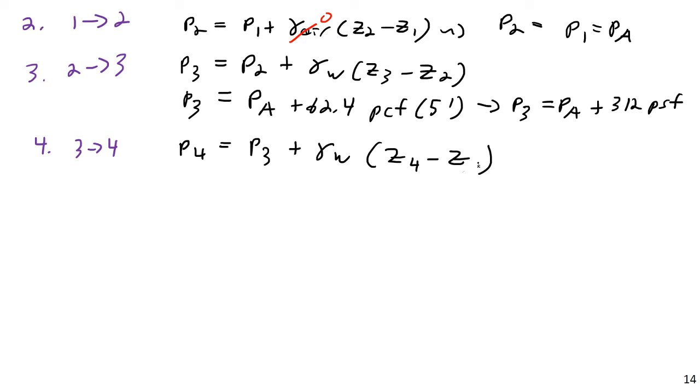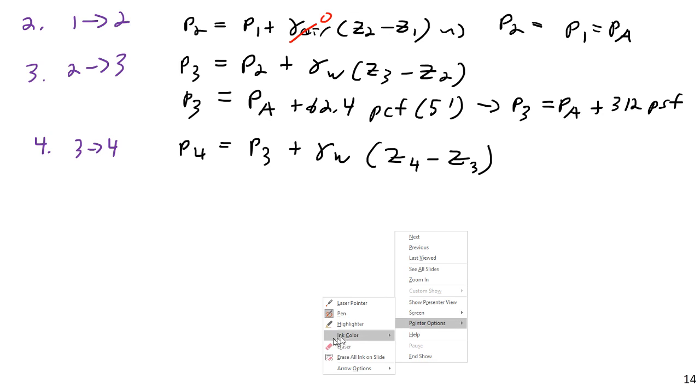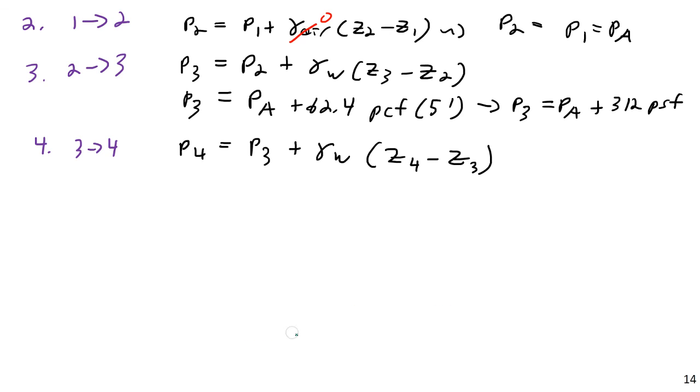Sorry, I'm getting a little ahead of myself. Z4 minus Z3 here is negative 2 feet. Again, going downward in Z is positive.